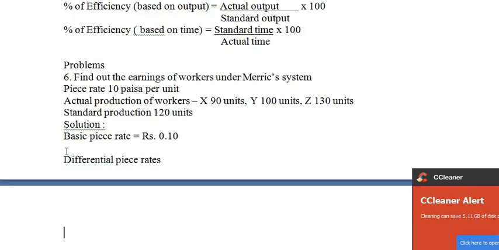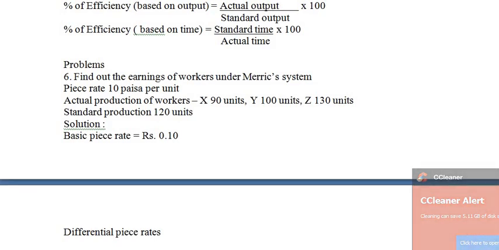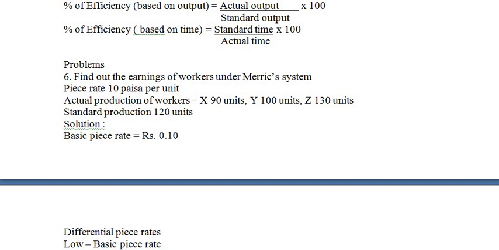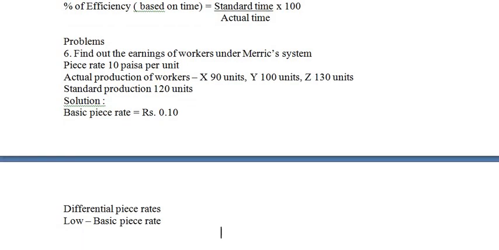There are three piece rates we will have to find out. First one is low piece rate. Low is nothing but the basic piece rate. So basic piece rate is rupees 0.10. Next we need to find out medium.